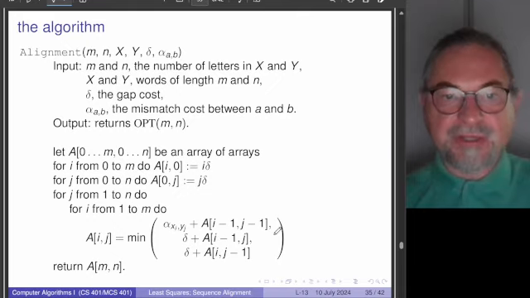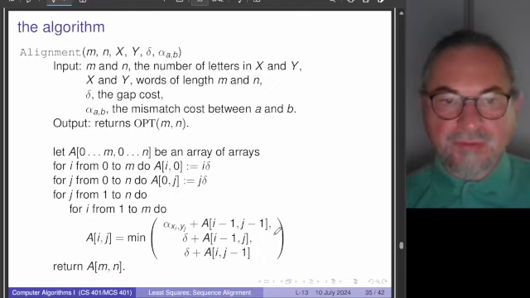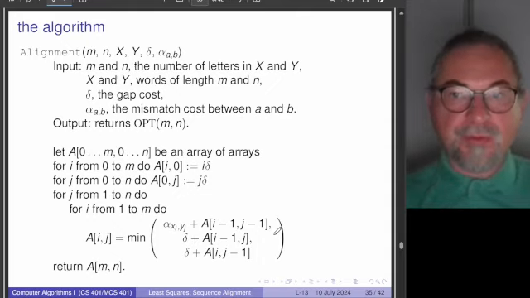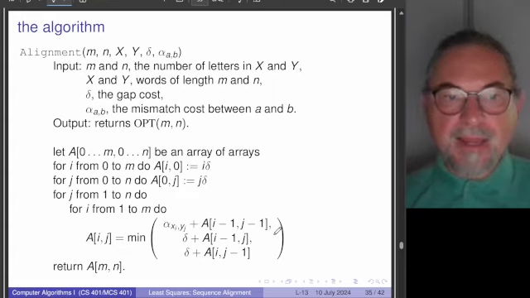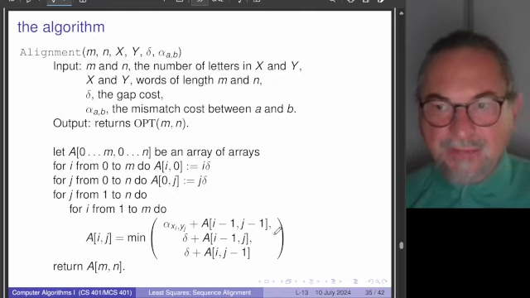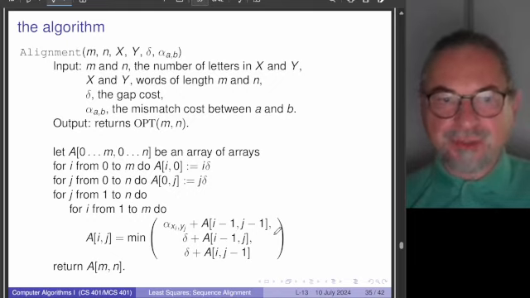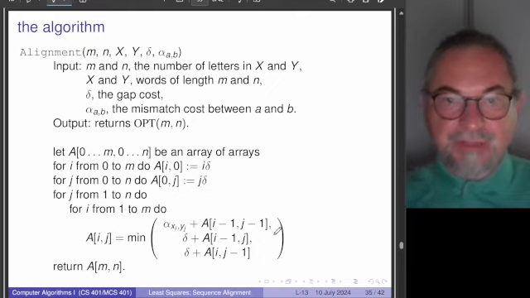So this is I minus 1, j minus 1, or we have everything computed in the previous row or in the previous column. And the element at the ijth position in this array is the minimum of what was in the previous entries, taking into account the gap cost and the mismatch cost.